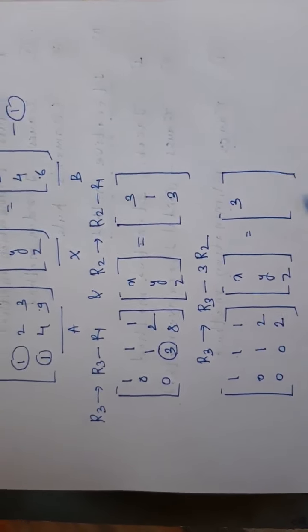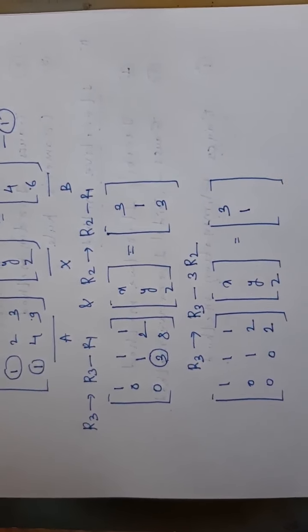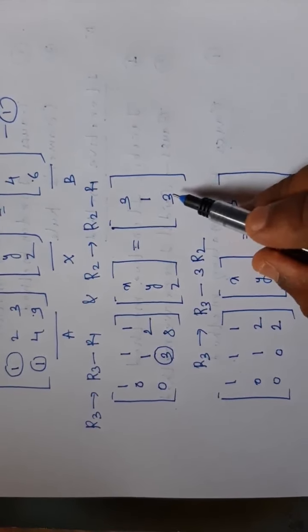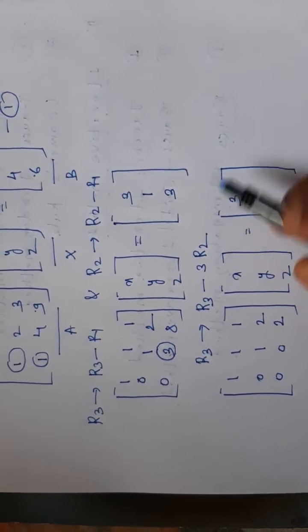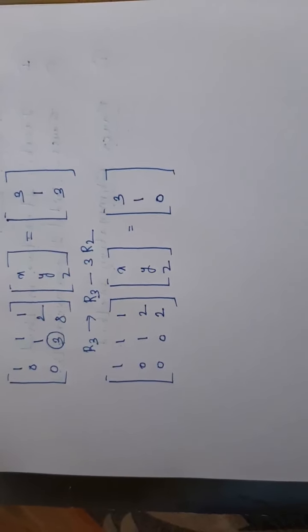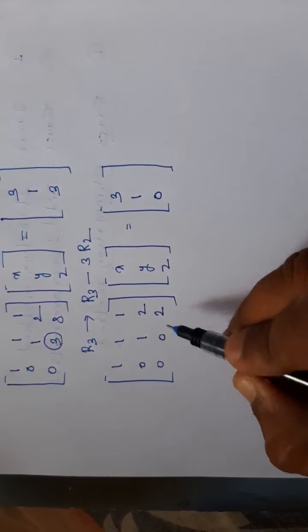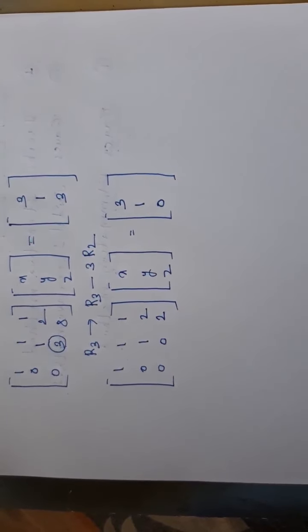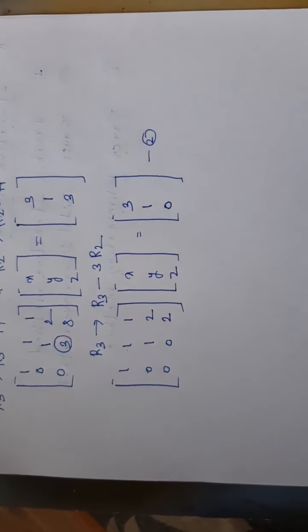On the right side, 3 as it is, the second row as it is, and 3 minus 3 is 0. Now we can see the matrix is converted to an upper triangular matrix. I will denote this as equation number 2.